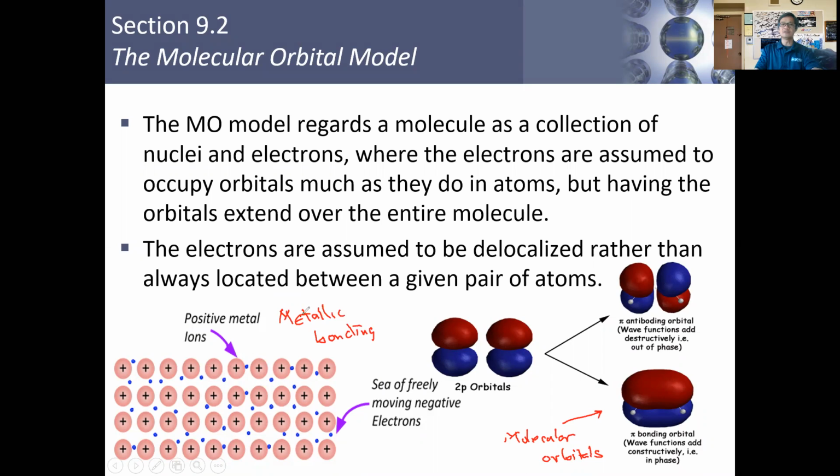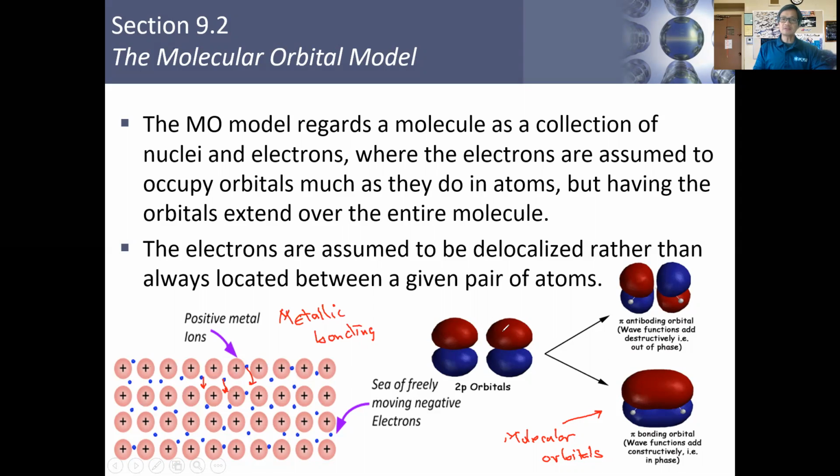The key difference between metallic bonding and molecular orbitals is that in metallic bonding the atoms don't change their atomic orbitals. They just get together, and the metal atoms take their valence electrons, which are then free to move from one nucleus to another. That's different from the molecular orbital model. The idea is that you have a collective of nuclei that share their valence electrons.